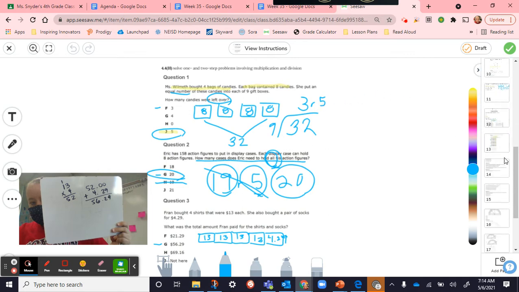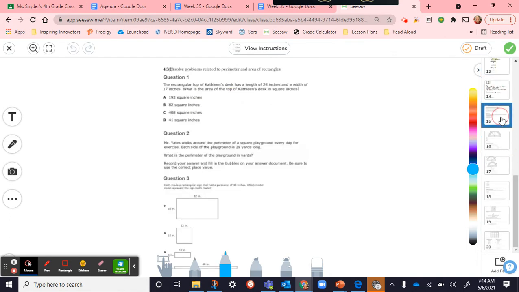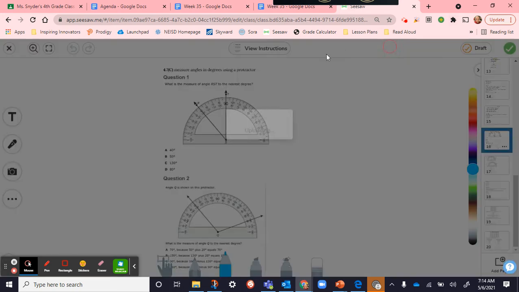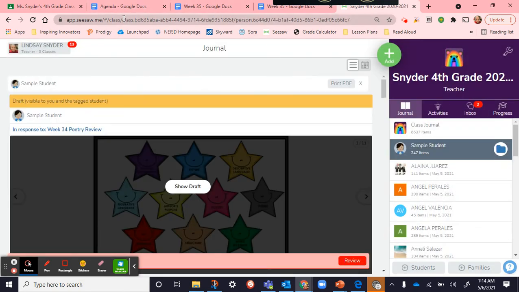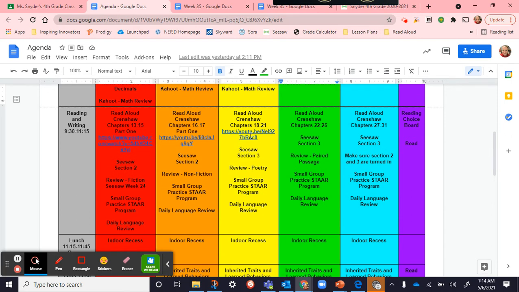So we left off on page 13, and then we did some independent work, and we worked on 14, 15, and 16. So we'll go over those today and then work on the remainder there. Then in reading, on the agenda, you have your Crenshaw link right here. And we went back and we had some time to finish section 2.